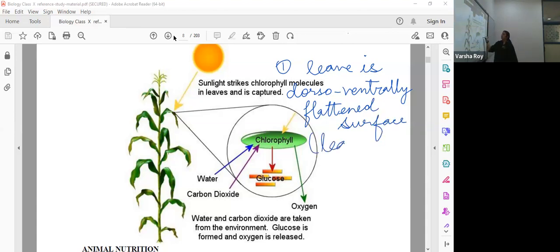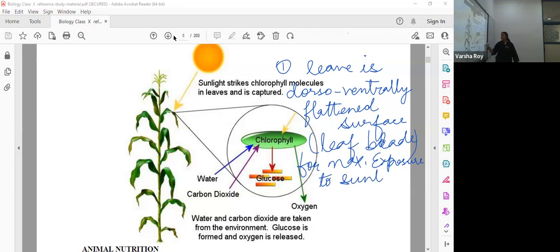We call it leaf blade. तो बिल्कुल flatly exposed है, for maximum exposure to sunlight.